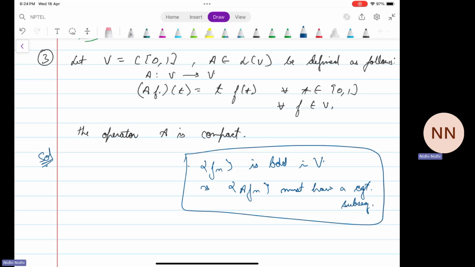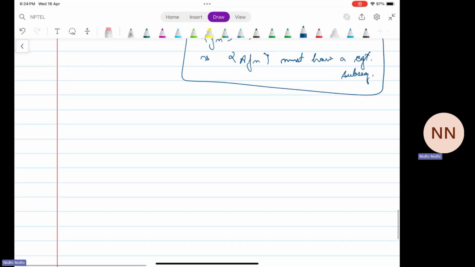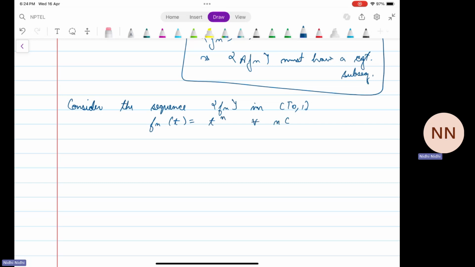So for that, let's consider the sequence Fn in C[0,1], Fn of t is equal to t to the power n for every n and t in closed interval 0 to 1.